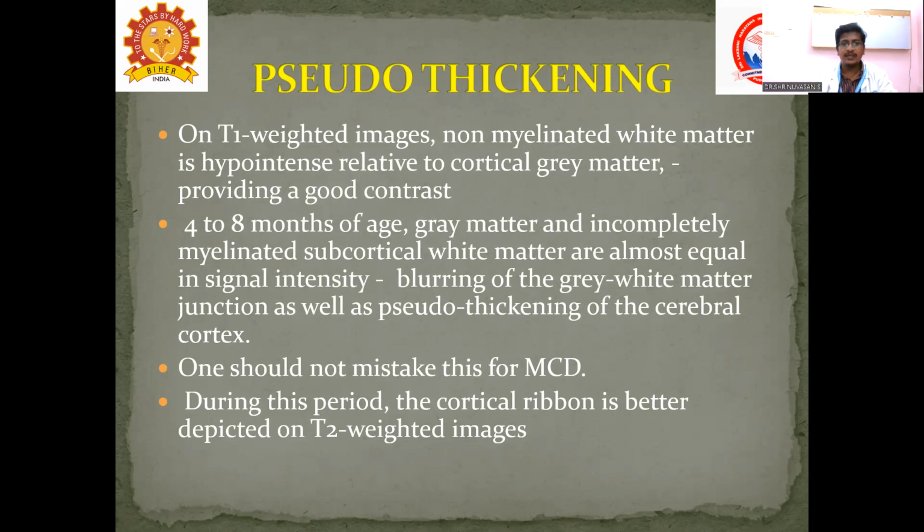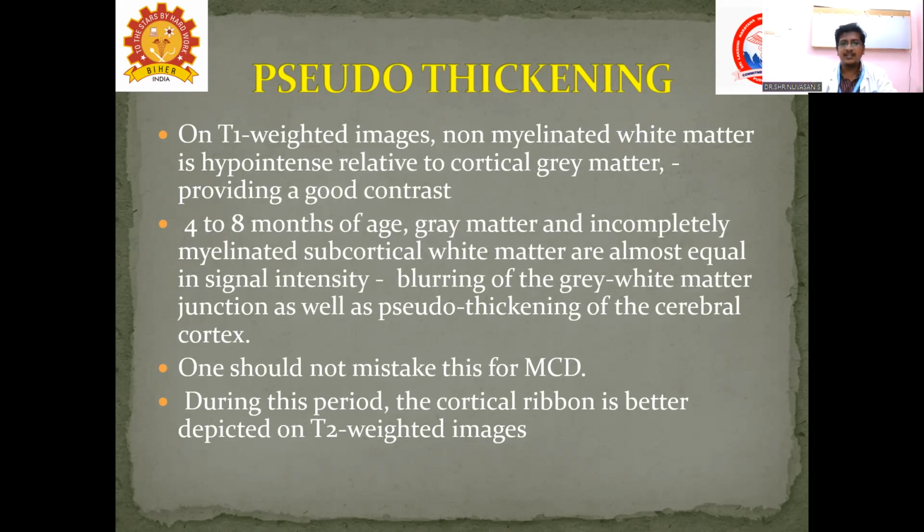At 4 to 8 months of age, gray matter and incompletely myelinated subcortical white matter are almost equal in signal intensity. So blurring of the gray-white matter junction as well as pseudo thickening of the cerebral cortex is common at 4 to 8 months of age. One should not think that this is abnormal, and you should not think of malformations of cortical development.